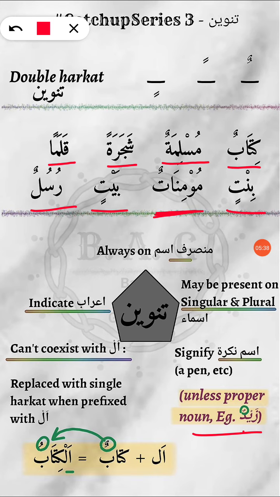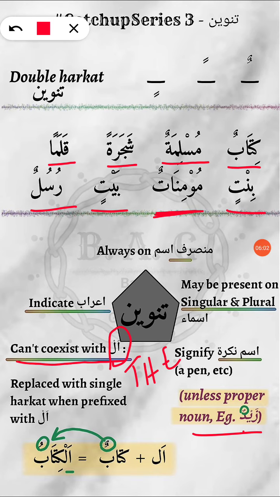All right, the next point that I would want you to know is tanween cannot coexist with al. What is al? Al is the equivalent of the. All right, so this tanween cannot coexist with al. What happens? It is replaced with a single harakat when the prefix of al is added.